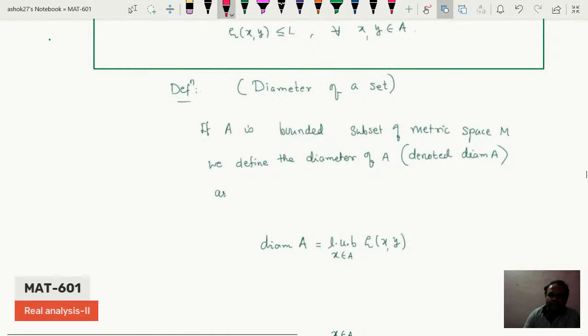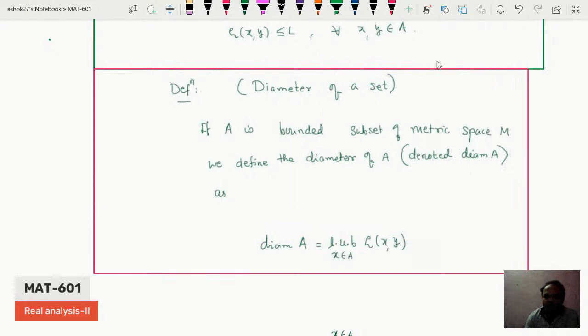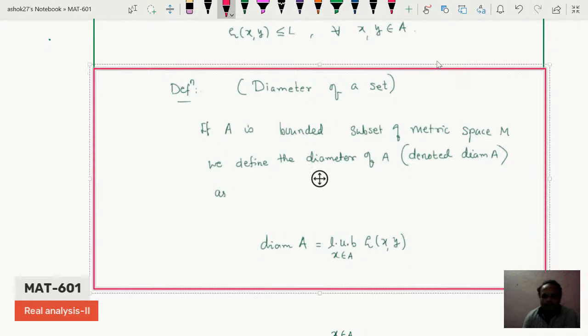So what is the diameter of a set? Next, the definition of the diameter of a set. If A is a bounded subset of metric space M, we define the diameter of A. What is the notation for the diameter of A?